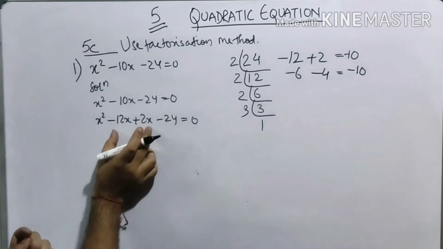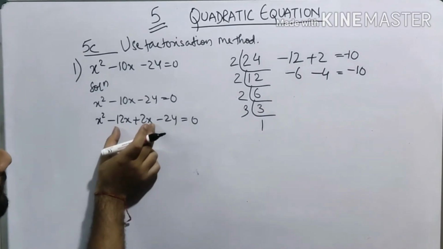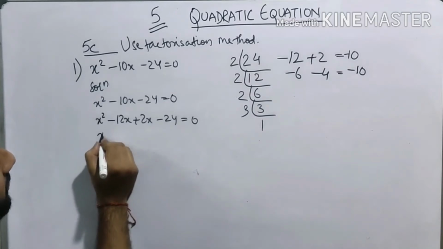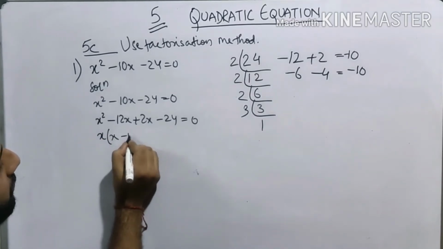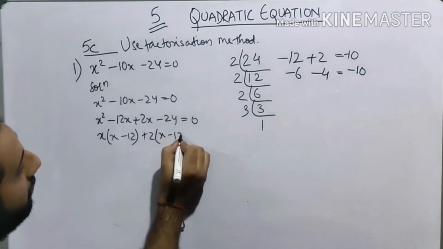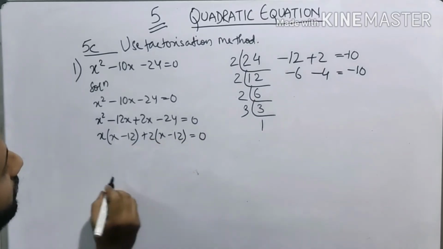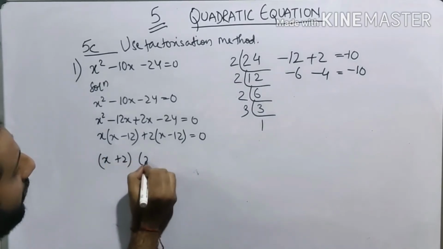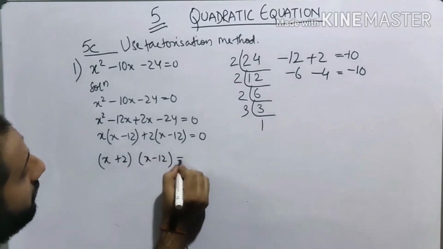I've used the middle term break. Now I'll take common. x is common here: x(x - 12) plus 2 is common: 2(x - 12) = 0. So you've got (x + 2)(x - 12) = 0.